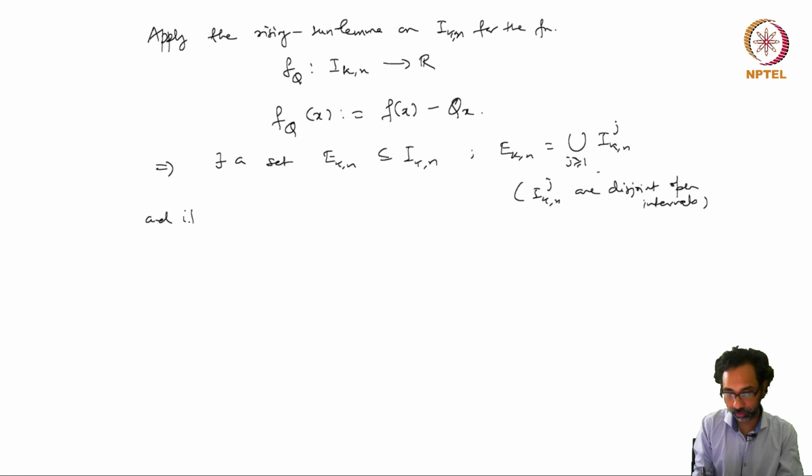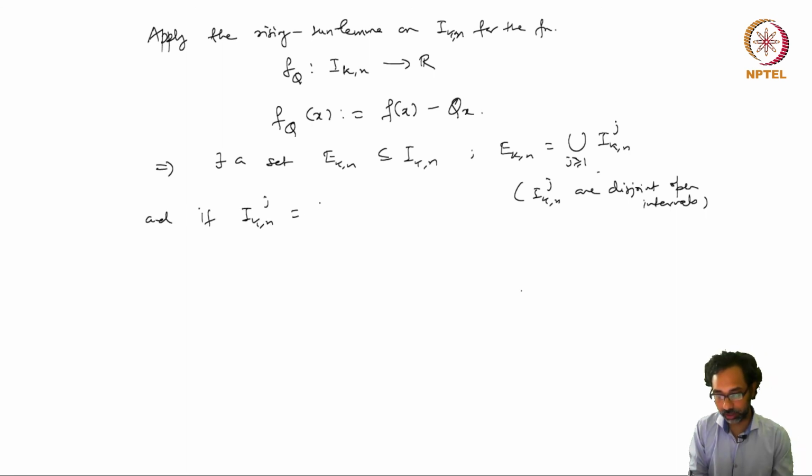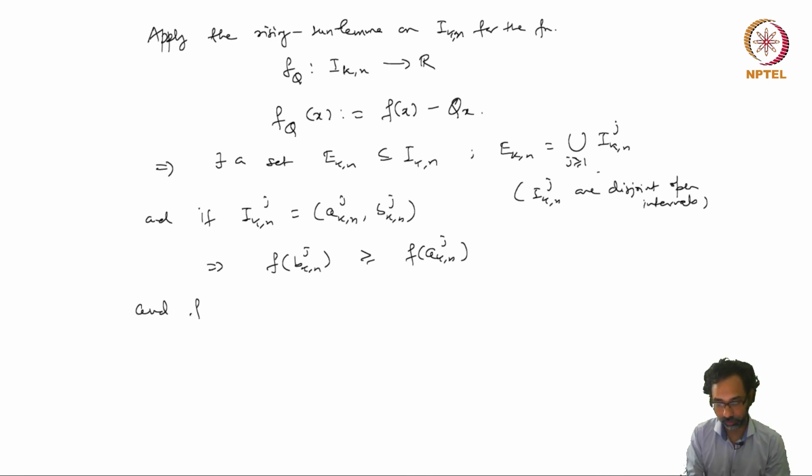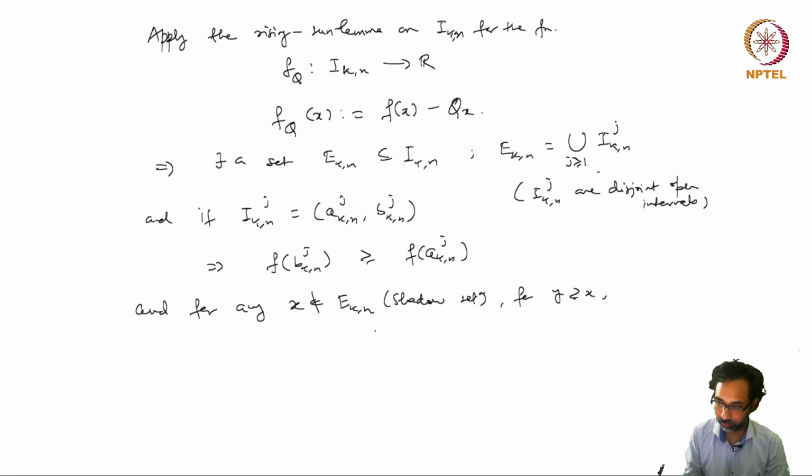and if I_knj is equal to the interval a_knj comma b_knj, then we have f of b_knj is greater than or equal to f of a_knj, and for any x which does not belong to this E_kn, so this is the shadow set in the Rising Sun Lemma, for y greater than or equal to x, we have f of y is less than or equal to f of x.